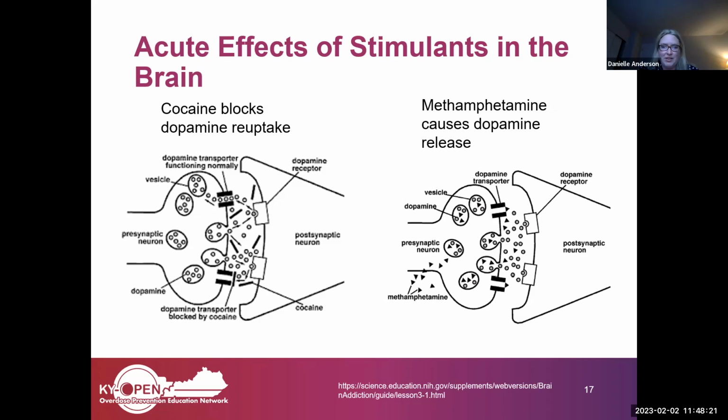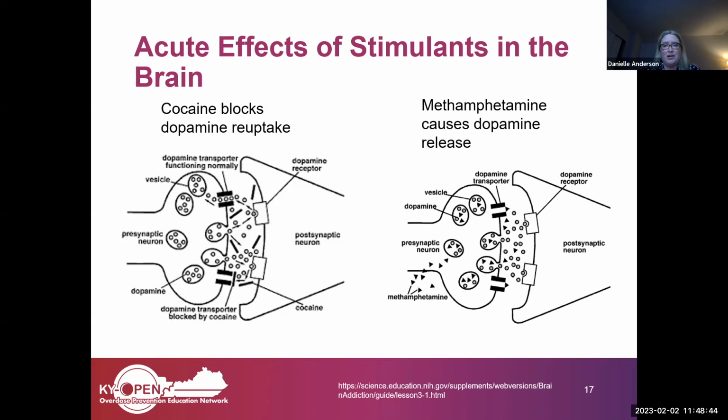Cocaine blocks this reuptake transporter, leaving dopamine in the synapse to interact with the receptors for a longer period of time. Methamphetamine works a little differently by causing an increase in dopamine release, which increases the amount and frequency that dopamine interacts with the receptors.